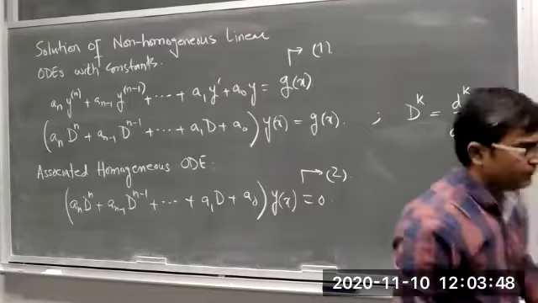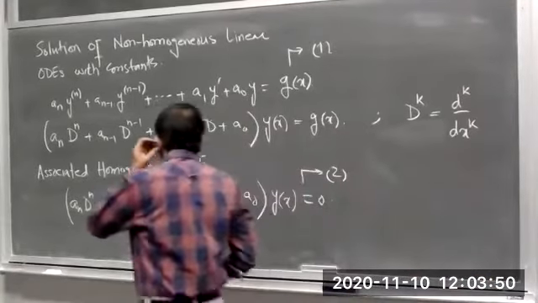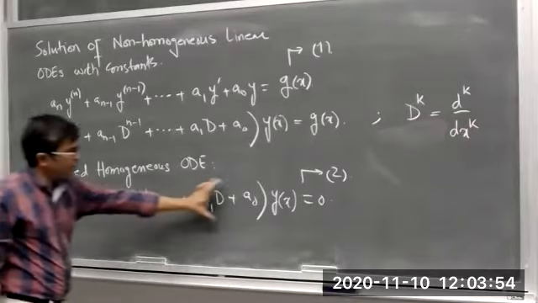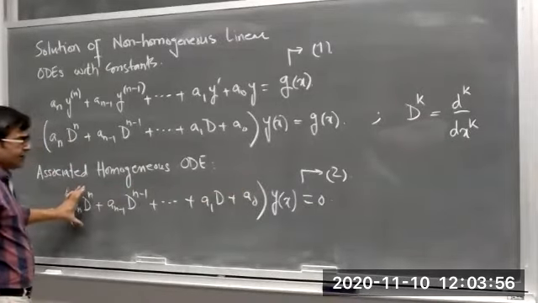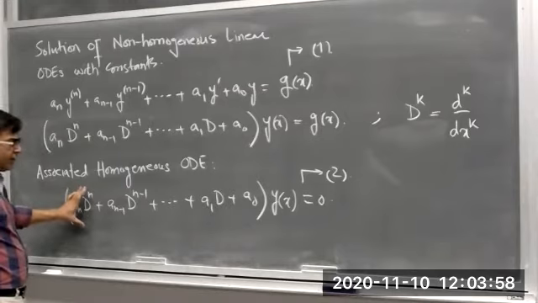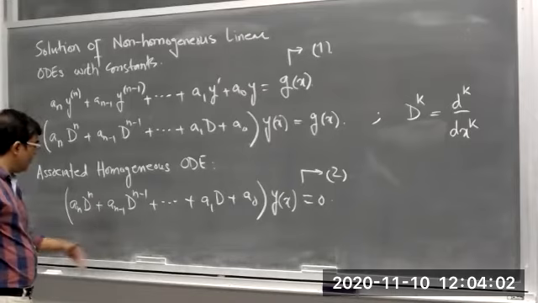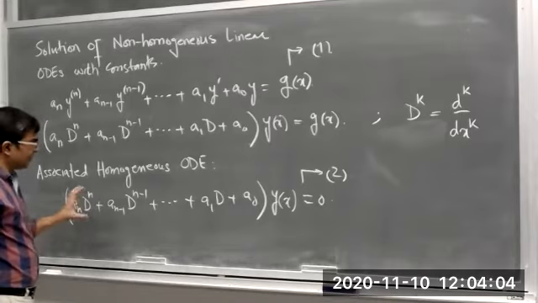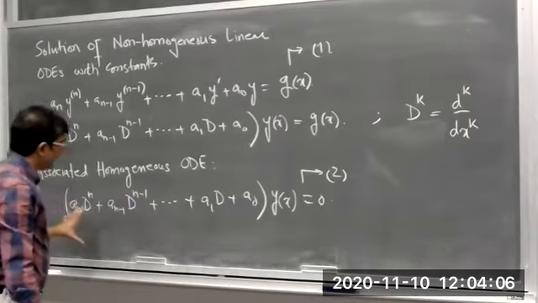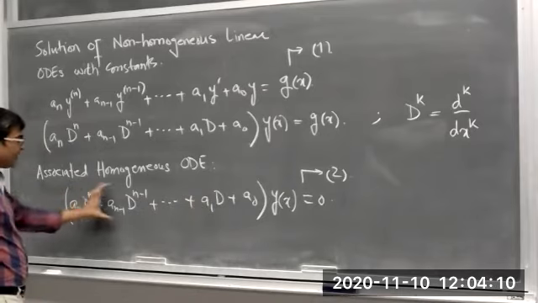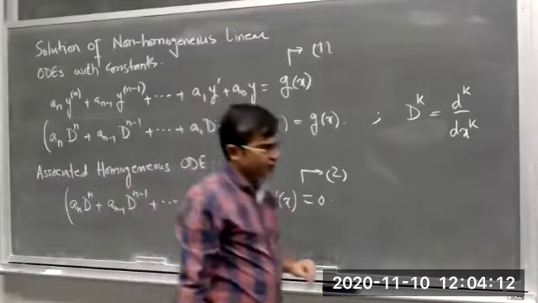In the previous lectures, we discussed how to solve this homogeneous linear nth order differential equation with constant coefficients. We have discussed different cases by finding the roots of the corresponding characteristic equation of this homogeneous ODE.